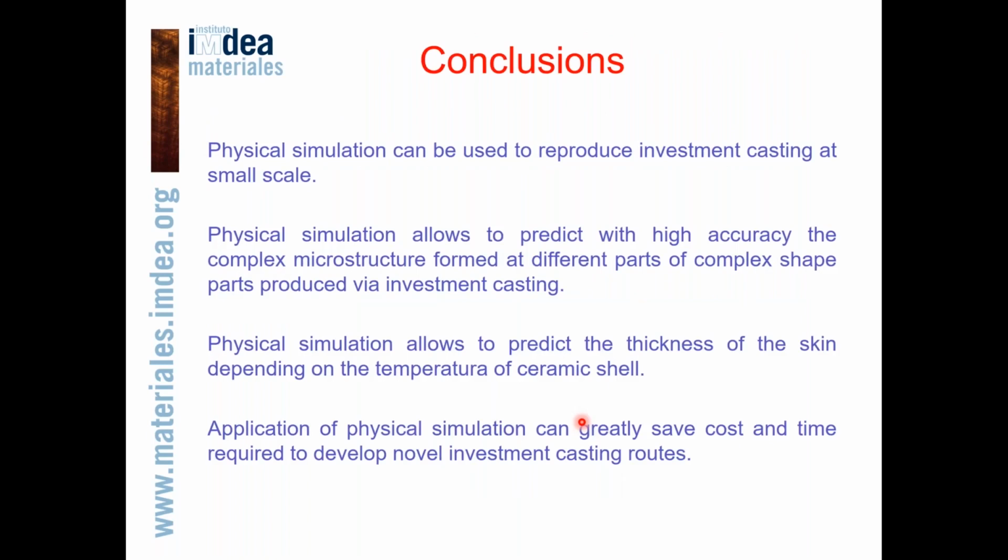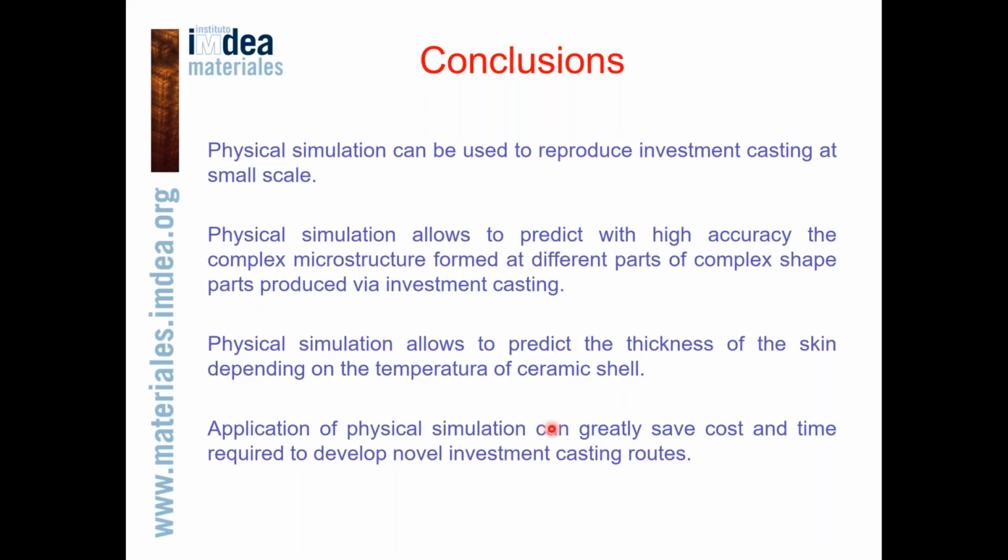These are the general conclusions of this presentation. One can see that physical simulation can be used to reproduce investment casting at small scale. It allows us to predict with very high accuracy a complex microstructure formed at different parts of complex shape parts produced via investment casting.